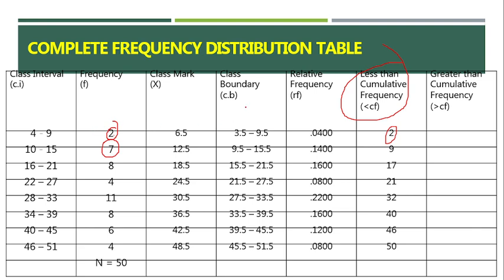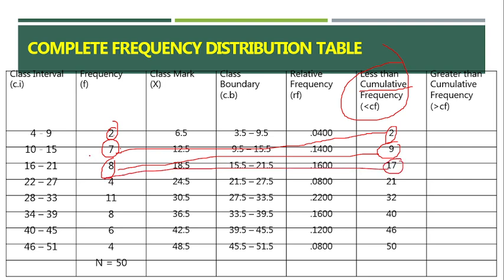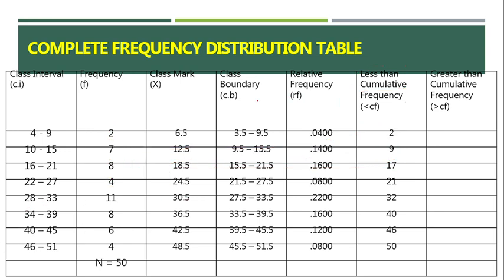That's why we say cumulative, adding with the next frequency. 2 plus 7, the answer is 9. So, what's the next frequency? 8. So, 9 plus 8, the answer is 17. And so on. Okay po? You're going to add up. So, that is the sense of cumulative frequency.